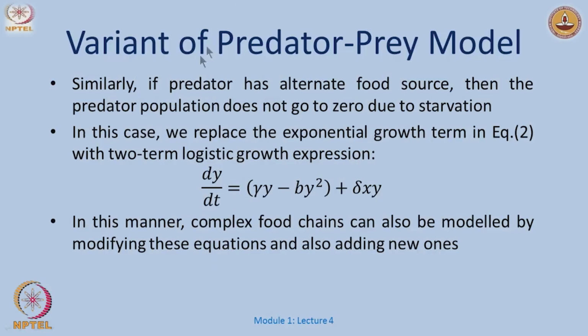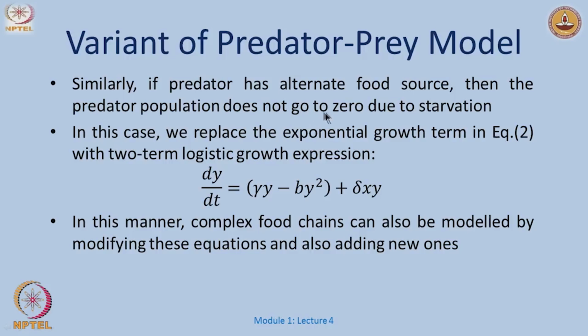Okay. Now, similarly, we assumed earlier that the predator will of course die naturally, but also that if there are no small fish, they will just die because they have nothing to eat. That is also a very strong assumption. But if I say that the predator has some other alternate source of food, then they will not go to 0 due to starvation. The mess is not the only source of food for them, so they could go out and live much longer.